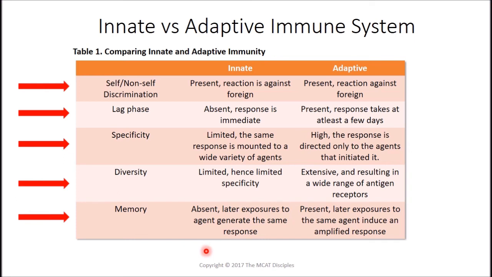There is no memory associated with the innate immune system. Later exposures will generate the exact same response, whereas with the adaptive immune system, later exposure will induce an amplified response. That is the basis of immunization. Immunizations play on the fact that the adaptive immune system will enact a stronger response when introduced to the same pathogen later on in life. So that's a comparison of the innate and adaptive immune system.